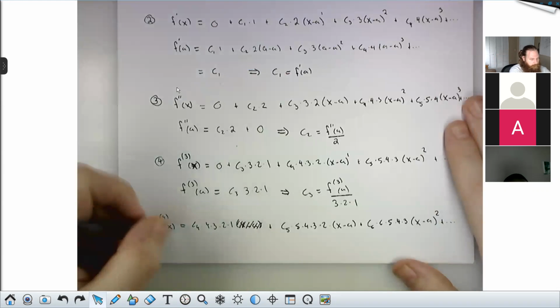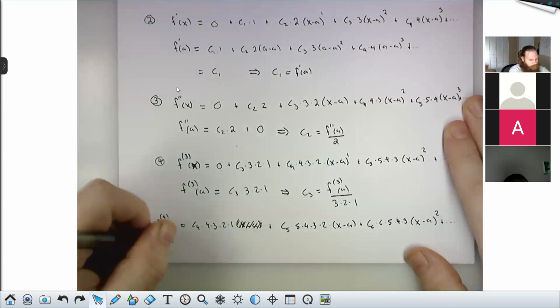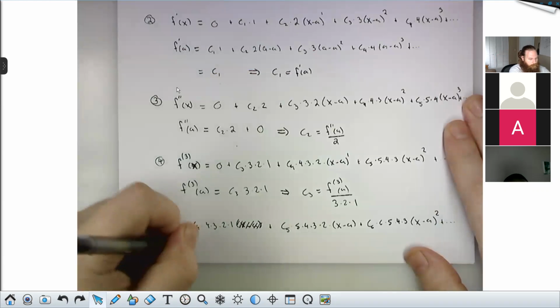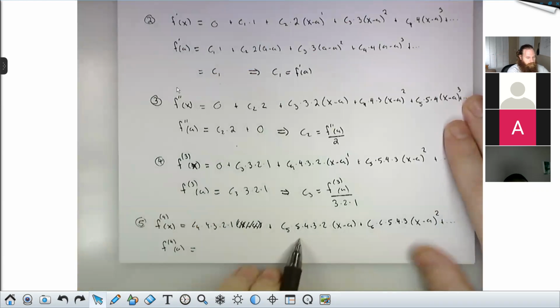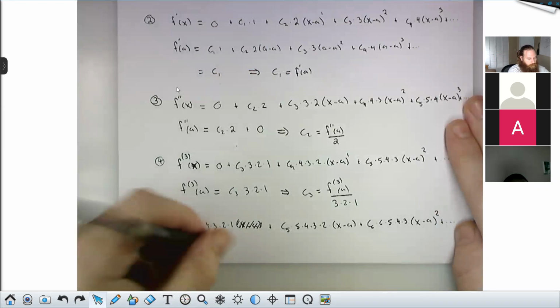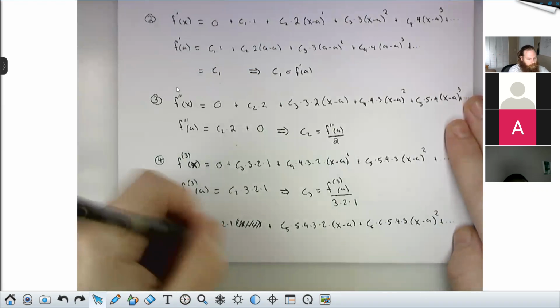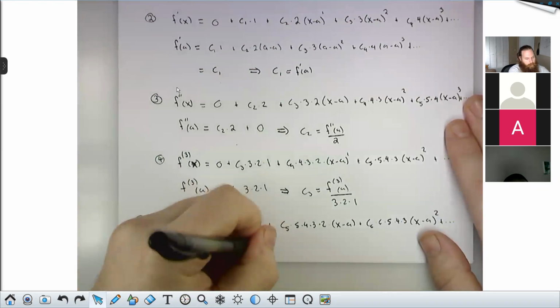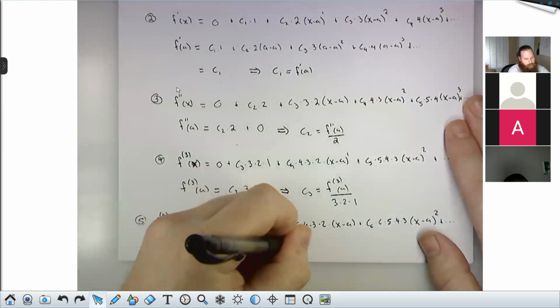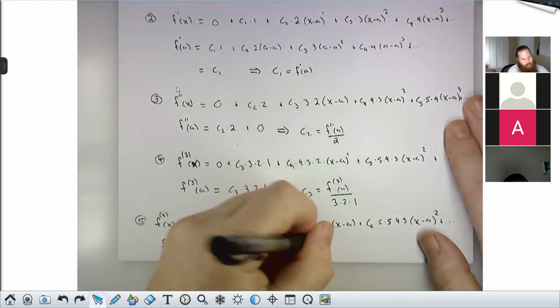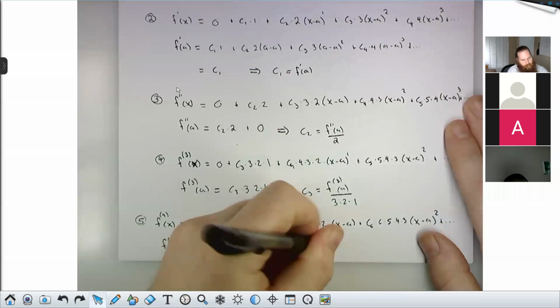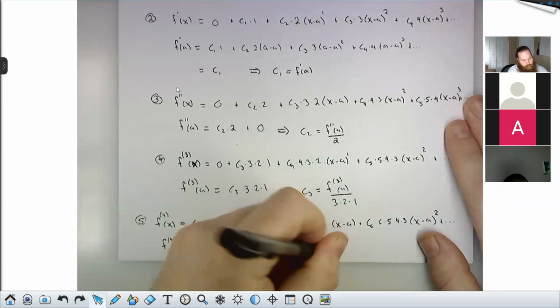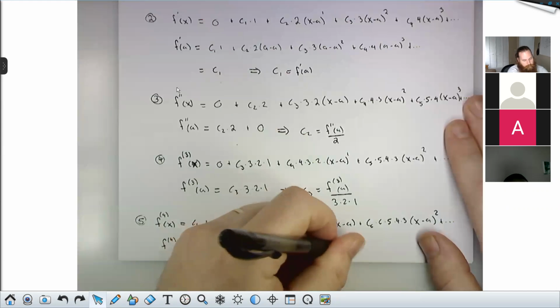So again, if you plug in the center, f4 of a, this will all be 0, this will be 0, all the higher order terms will be 0, so you get c4 times 4 times 3 times 2 times 1, which means that c4 is f4 of a over 4 times 3 times 2 times 1.